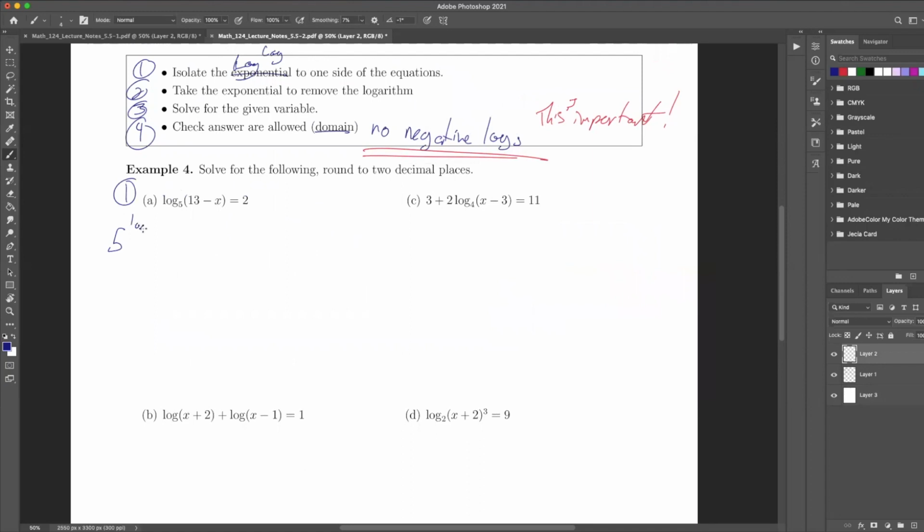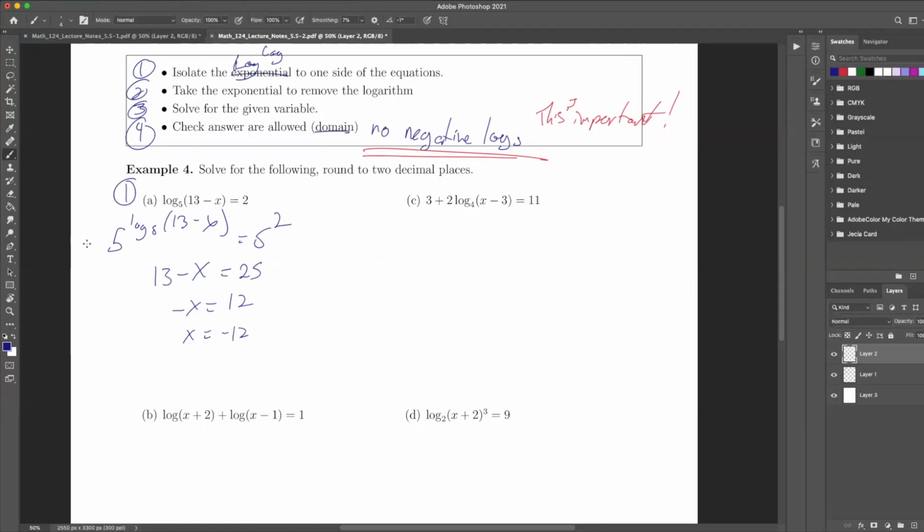So it'll be log base 5 of 13 minus x equals 2, so 13 minus x equals 5 squared. 5 raised to log base 5 is just whatever's in here. That's what we did with our log rules last week. And this is just 25. So minus x is equal to 12. Move over the 13. And then x is equal to minus 12.